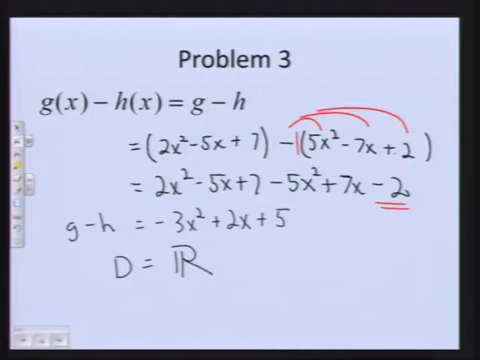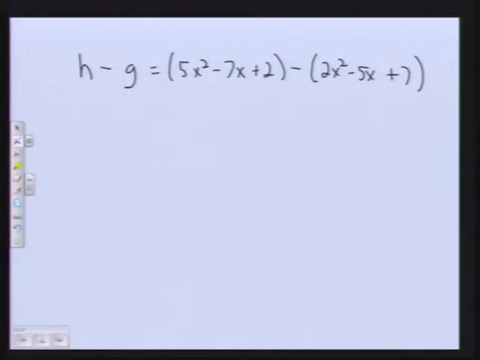Now, what I want to show you then is if we turn this around, we get a different answer. Let's say that we make this h minus g. Now, if we do that, you have to be very careful because it's now the h function first, which was 5x squared minus 7x plus 2. And this time we're subtracting g, which was 2x squared minus 5x plus 7. Here again, we have to think about that as being a negative 1, and you have to distribute it completely.